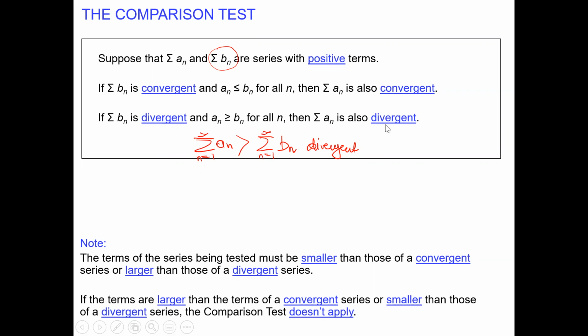Right? So that's the only case that we can claim divergence or convergence. If the relation is not working, then we will not use it.